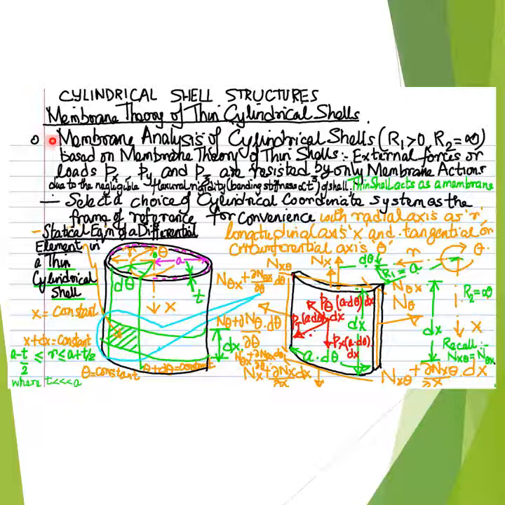And since the 3 force equilibrium equations, sigma fx equal to 0, sigma fy equal to 0, and sigma fz equal to 0, are not yet applied or used, we have 3 remaining statical equilibrium equations, which are the 3 force equilibrium equations, to solve for the 3 remaining unknown internal membrane actions, Nx, Ny, and Nxy.